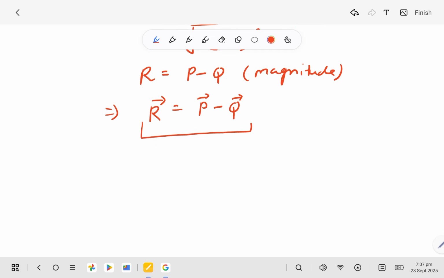So the difference of the magnitudes of these forces will give you the magnitude of the resultant force.